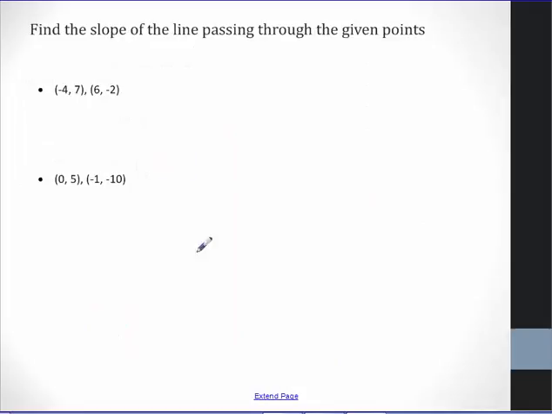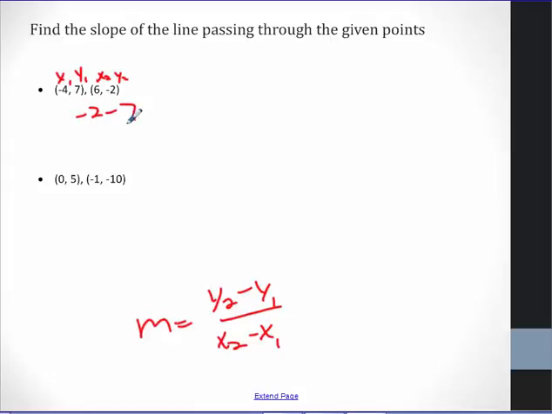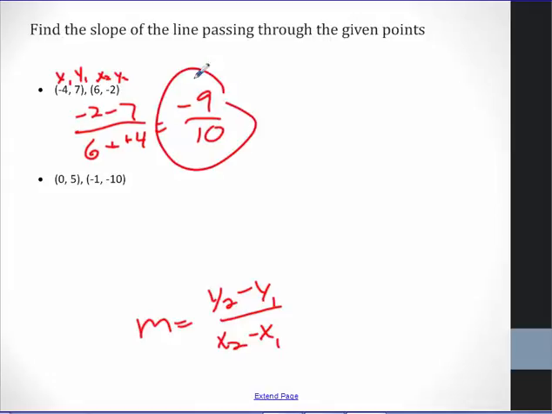Now I want to find the slope given 2 points. Remember, our slope equation is y2 minus y1 over x2 minus x1. It doesn't matter which point you call x1, y1, and which one you call x2, y2, as long as you stay consistent. So I'm going to go in order. Negative 2 minus 7 is negative 9. 6 minus a negative really becomes plus, that's 10.